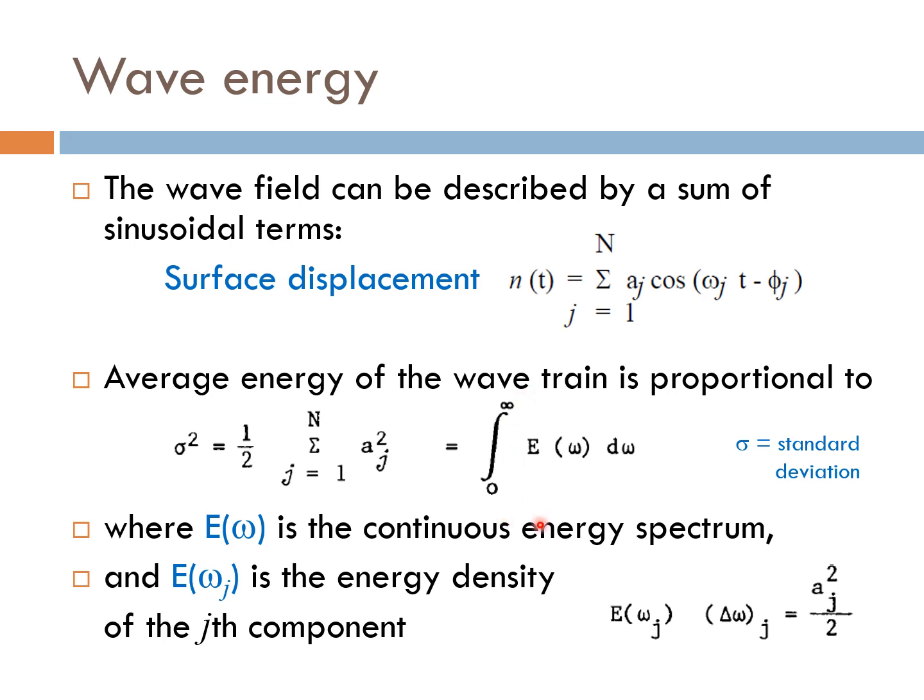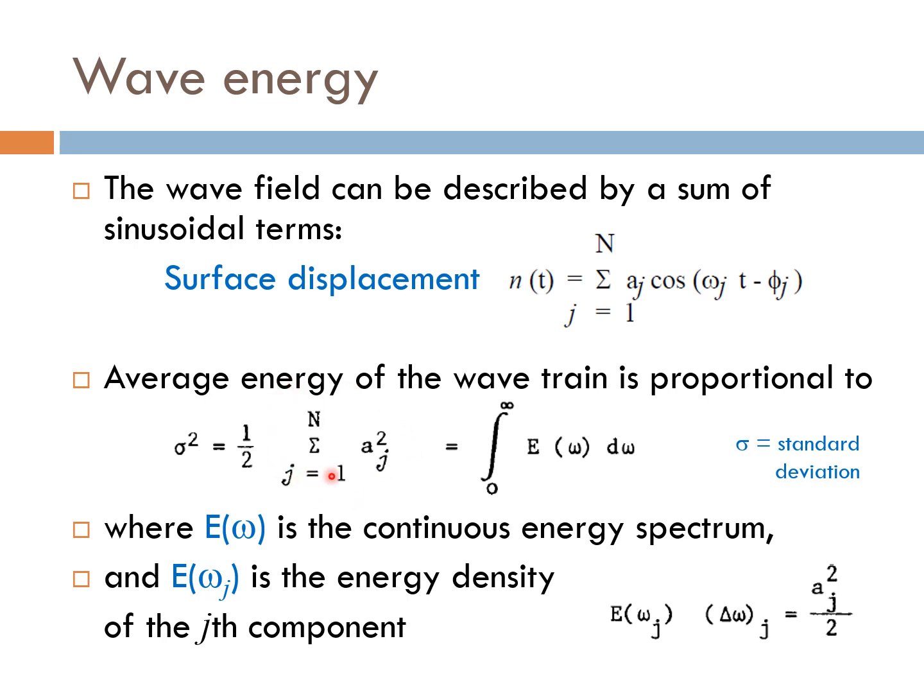Now, since the energy spectrum is a continuous spectrum, the individual components will have their own energy density. In this case, the energy density of the individual component is given by A squared over 2, which pretty much is the same here.